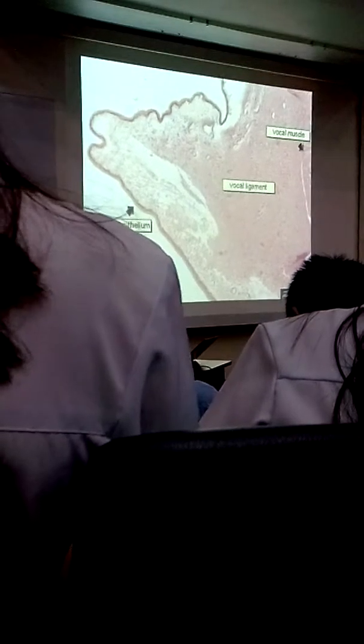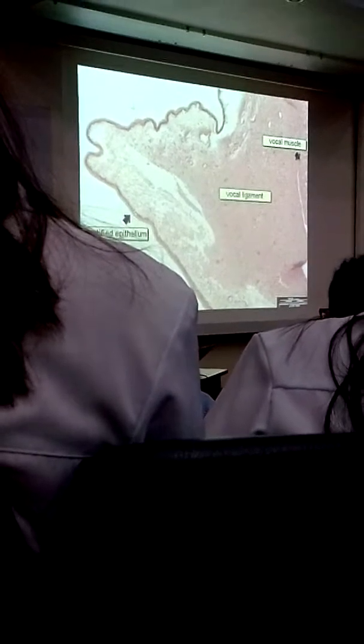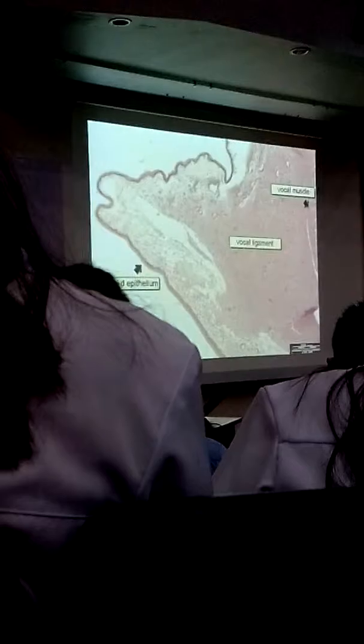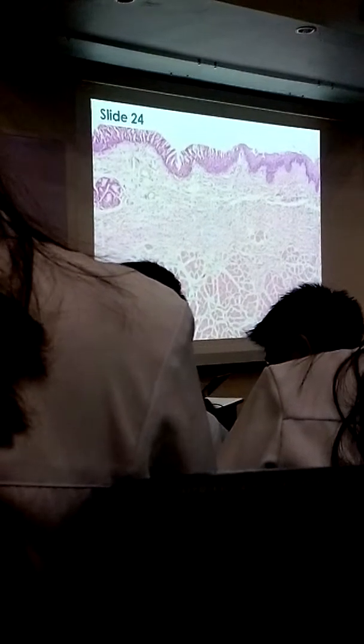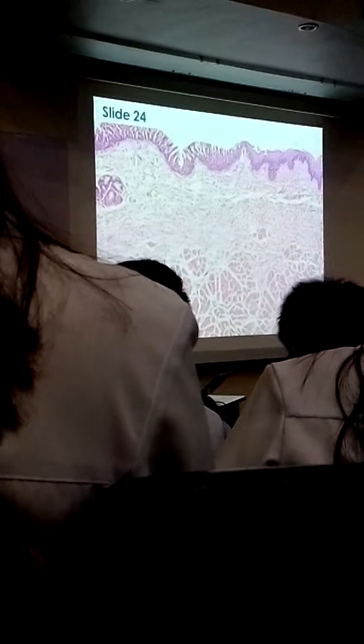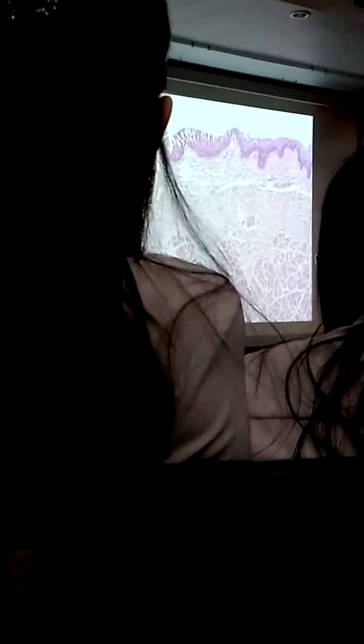So this is another slide showing your vocal cord. This is the stratified squamous epithelium, the vocal ligament, and this is the vocalis muscle. So what identifies this structure? What is this specimen? This is the larynx.